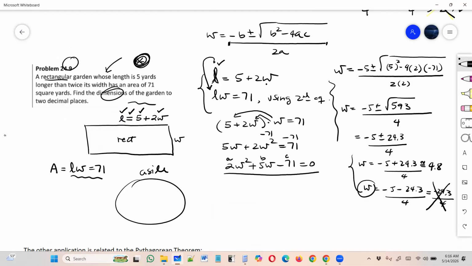Now, we're not done yet, right? So remember the question, you have to answer the question from the problem. Find the dimensions of the garden. We found one. We have the width. I have to find the length now. So find length. But I had the original definition for length.